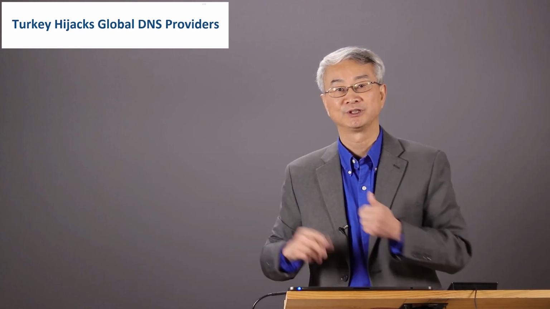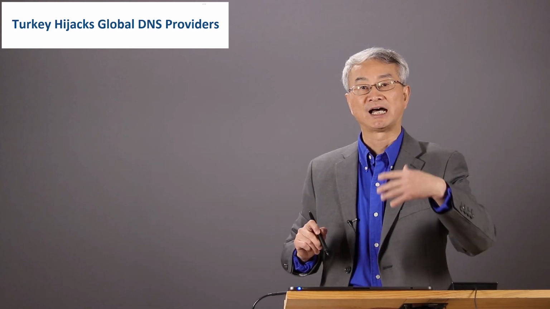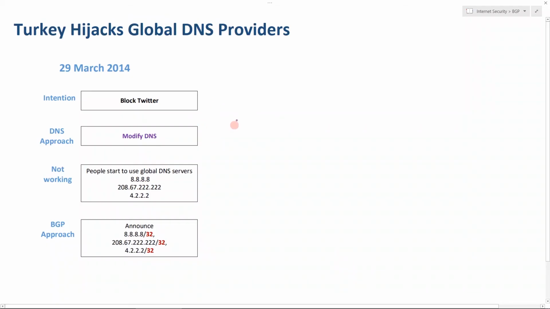But quickly people inside Turkey realized this DNS server doesn't work anymore, but there are plenty of other DNS servers that they can use. So people started to switch to other DNS servers. They go to 8.8.8.8, which is the Google DNS server, and this one is provided by another company, OpenDNS, and this one is provided by Level 3.